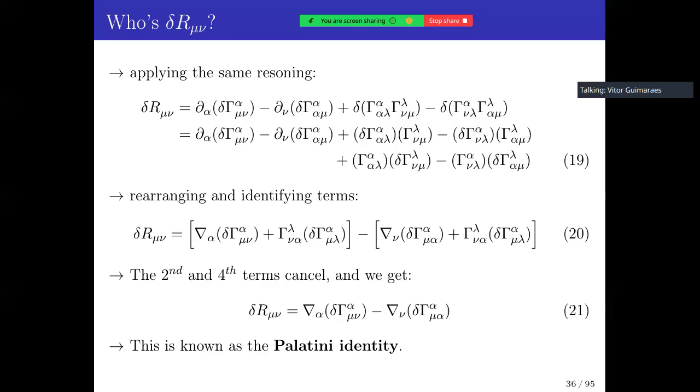So what we are doing here is identifying this variation as the perturbation of the metric, right? So what is causing these variations are the perturbations, okay? So they are interchangeable, right? We think of this delta as representing the perturbed tensors and the perturbed quantities and objects. But yeah, this Palatini identity is not necessarily related to perturbation theory in general relativity.